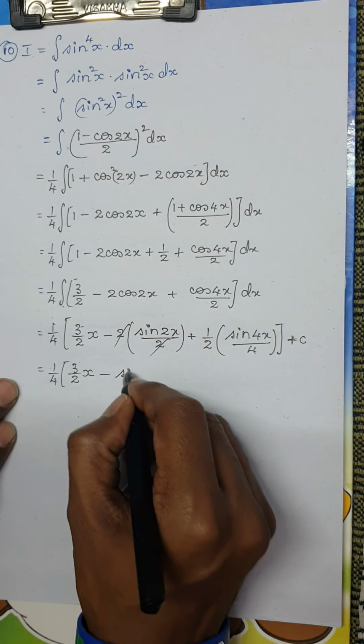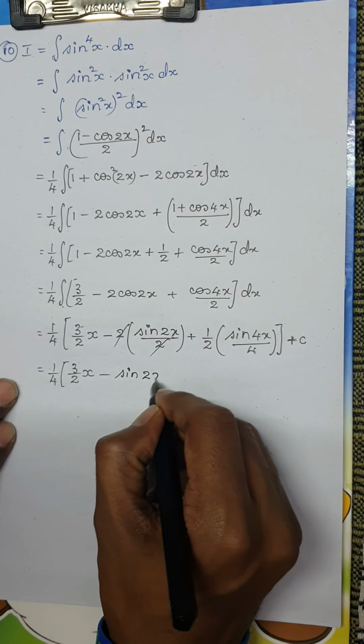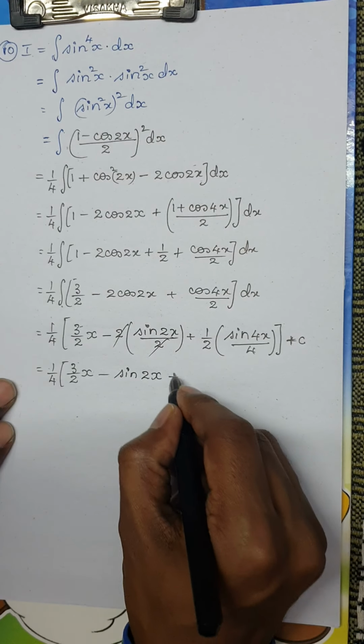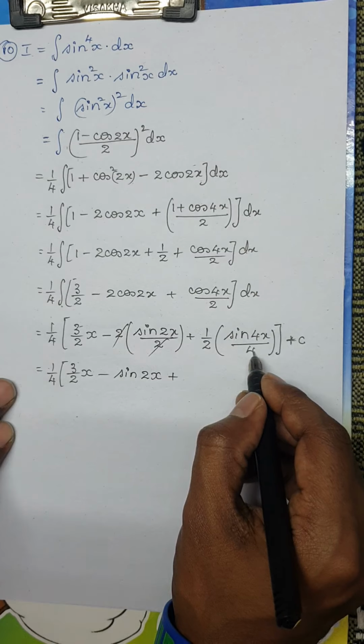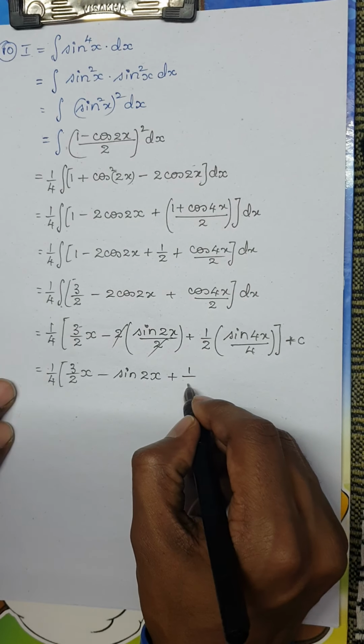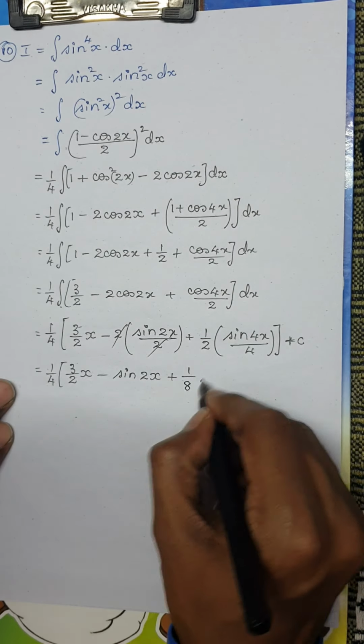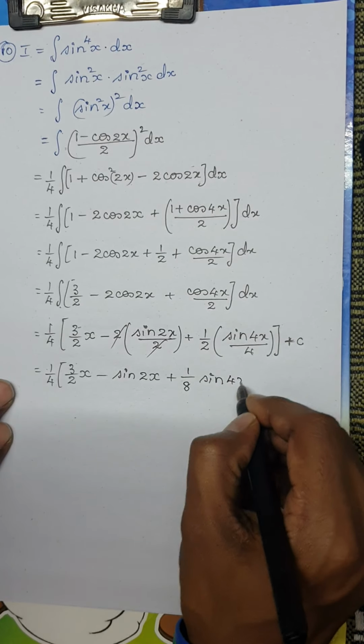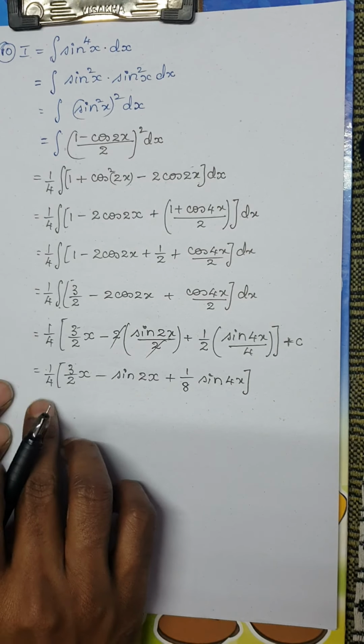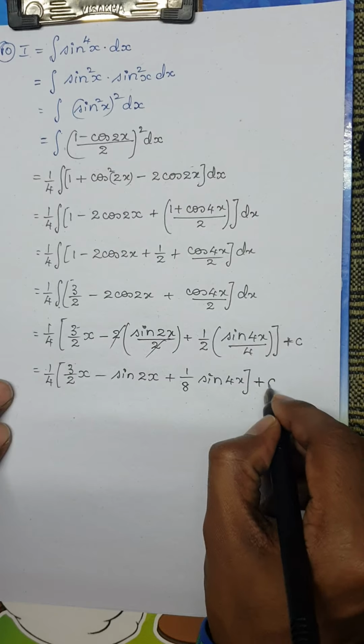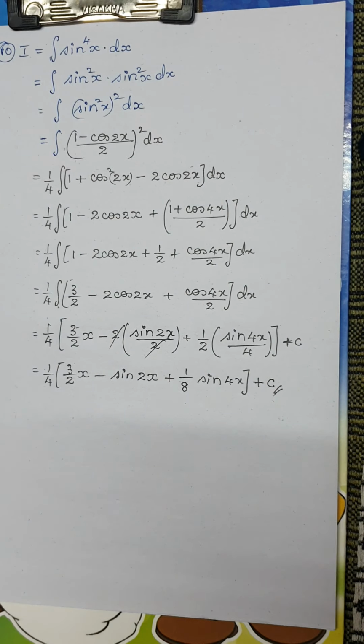I'll get minus sin 2x, and plus, if you bring this 4 outside because it's a constant, 1 by 2 into 4, 1 by 4 would be 1 by 8 into sin 4x. This entire term is multiplied by 1 by 4, plus c, which is the constant of integration.